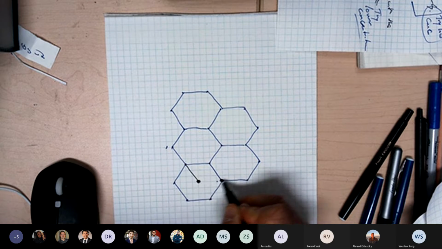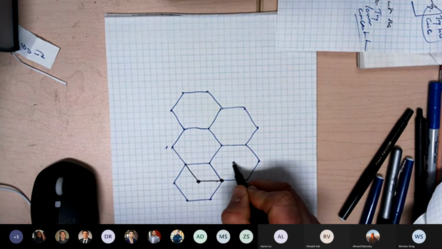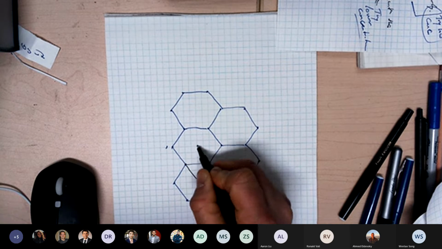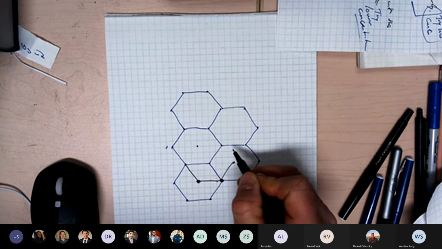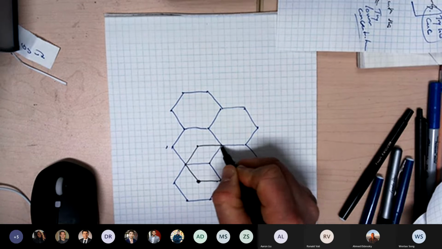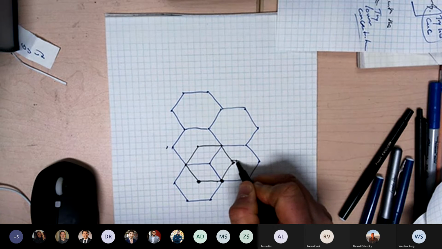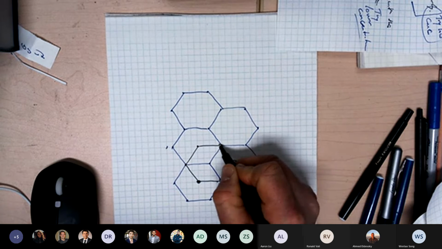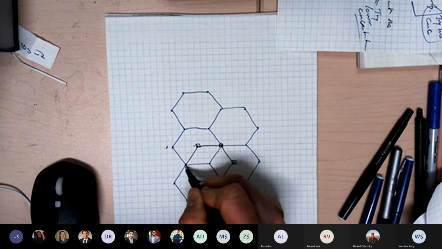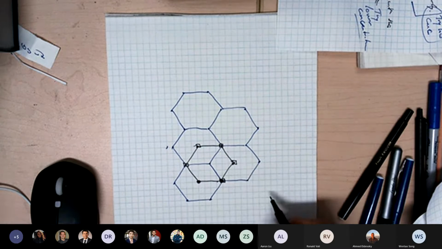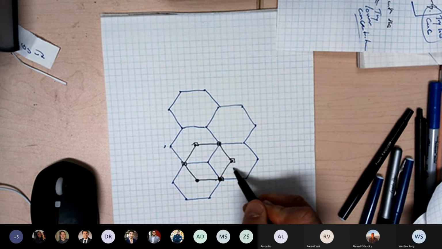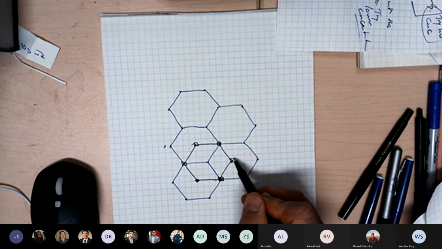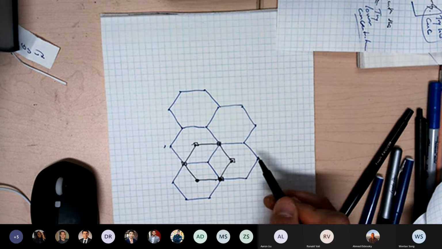Then the hexagonal honeycombs would line up like this. So maybe I'll put squares at the corners of those atoms. So what happens is you have a carbon atom that's centered over the empty hole of a hexagon shown here, right?